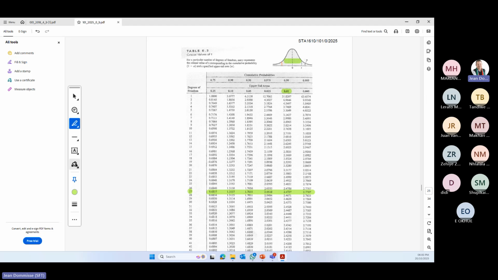For it to lie between these, it needs to be alpha divided by 2, like we do in all those calculations.